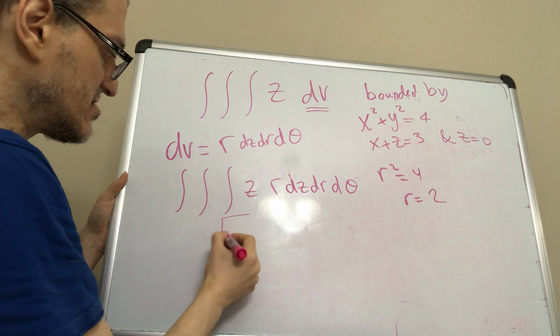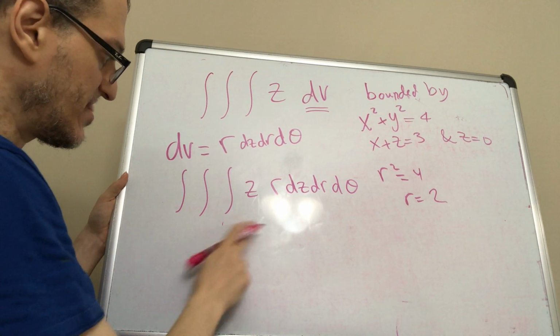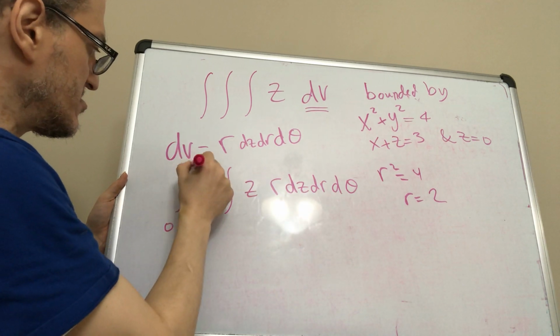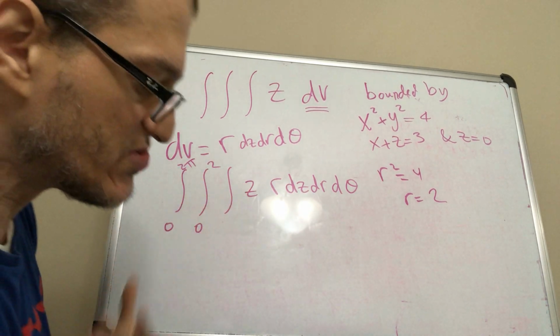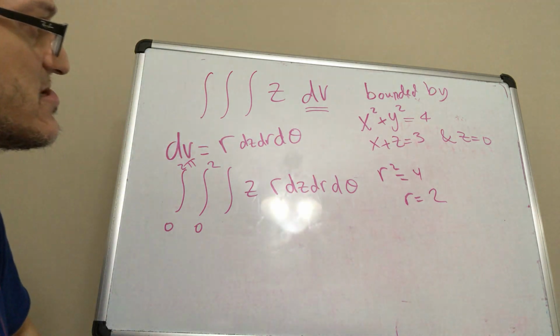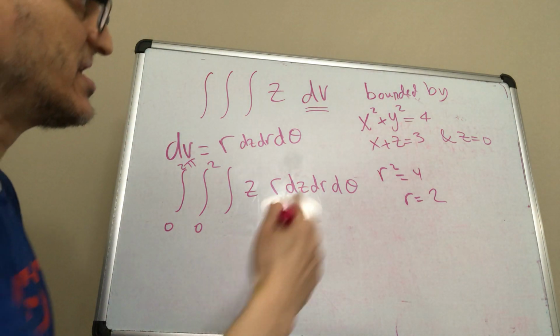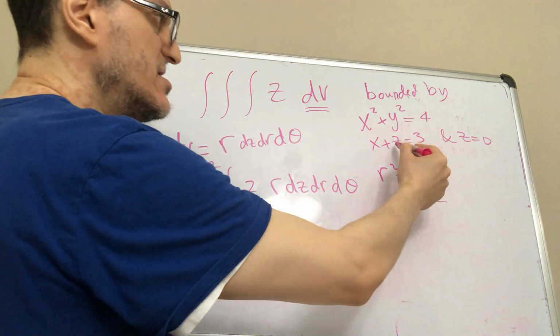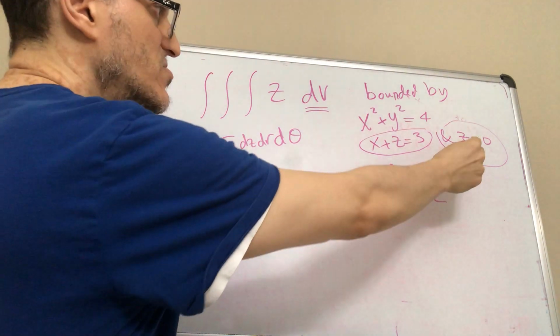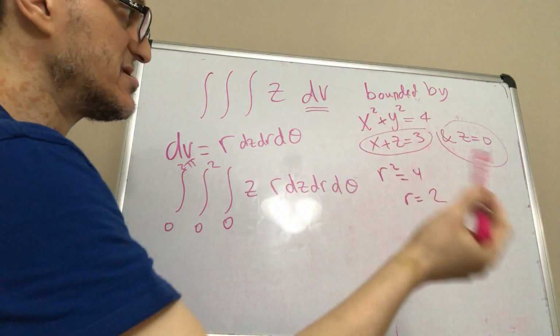I need the limits for z first. For r we know 0 to 2, and for theta, a complete circle. Let's have a look at the limits for z. We have z equals 0 and this, well, z equals 0, so that's easy.